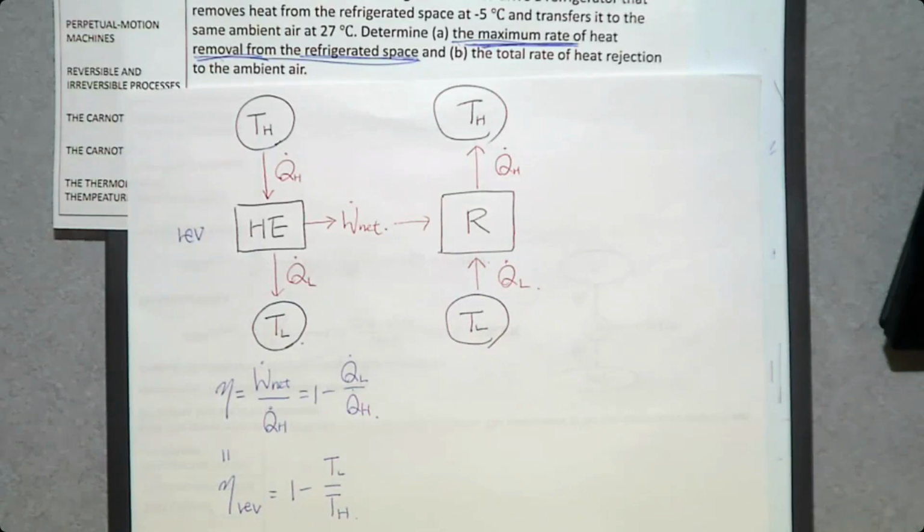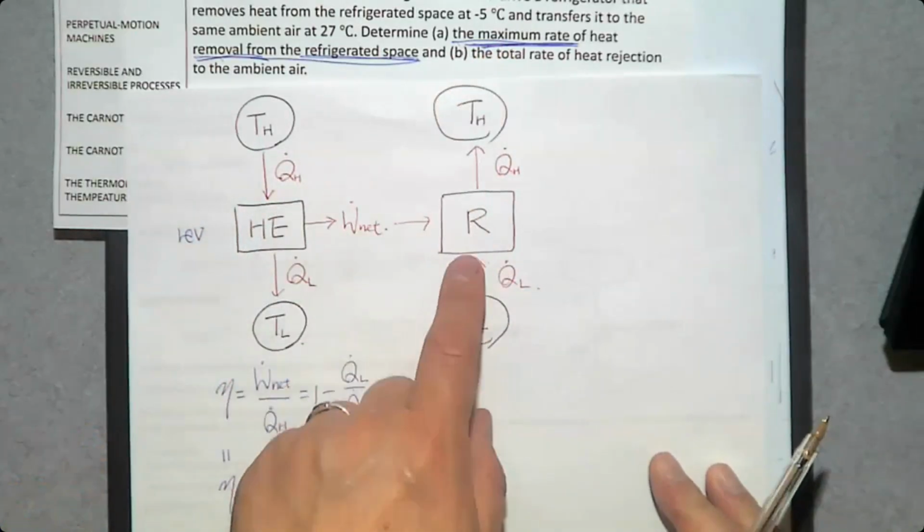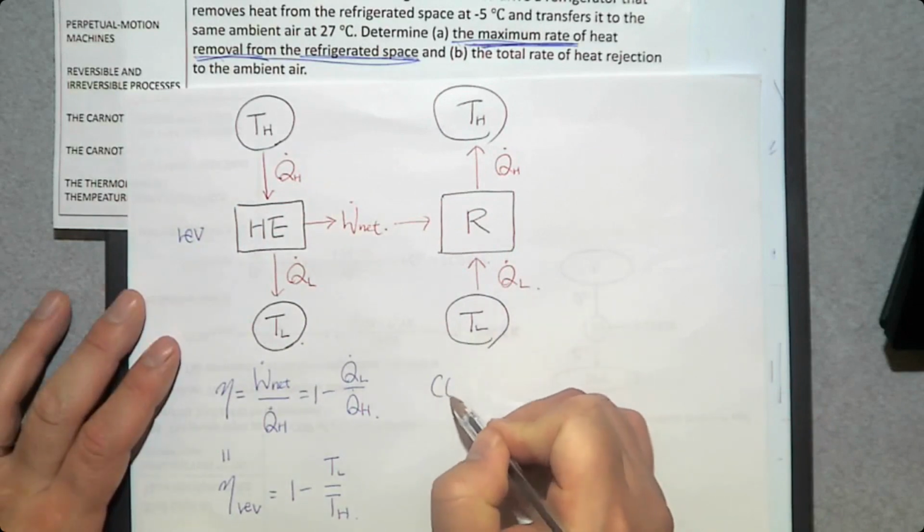What about this refrigerator? When determining the maximum rate of Q dot L, when you see the maximum rate, that refrigerator is also a Carnot refrigerator, reversible. So from this wording, we can learn that this one is also the ideal refrigerator, a Carnot refrigerator.